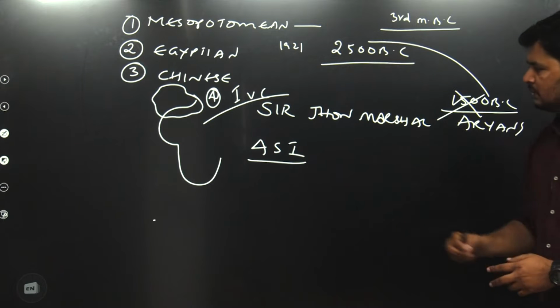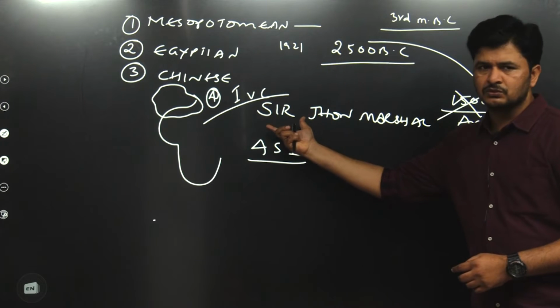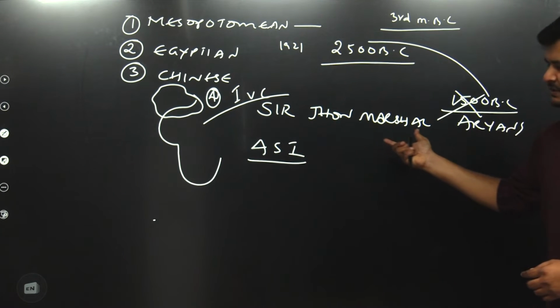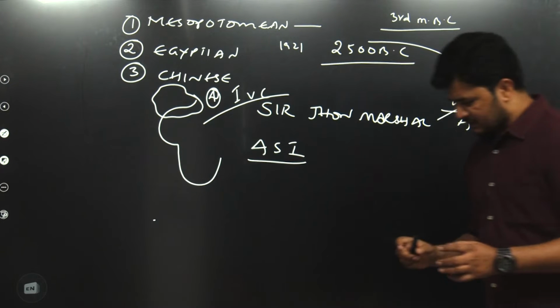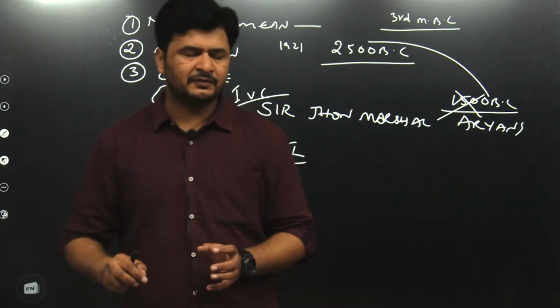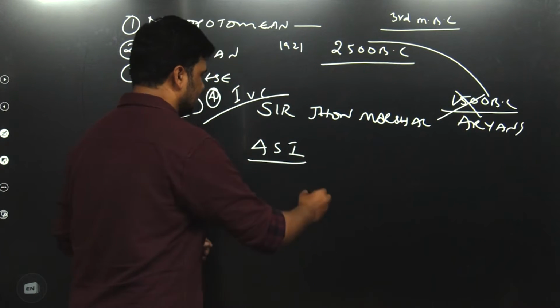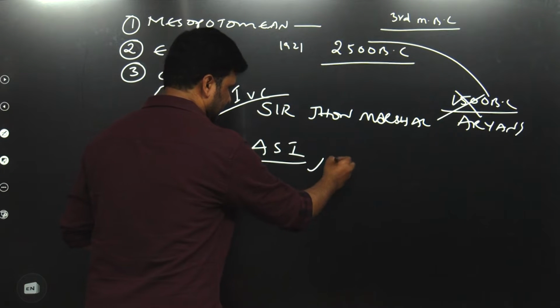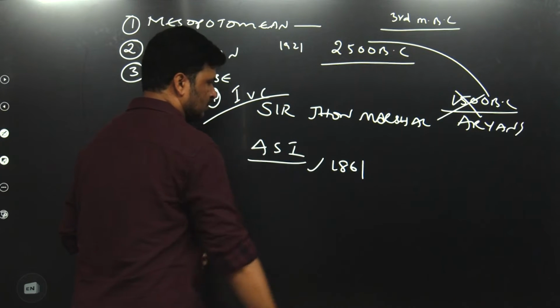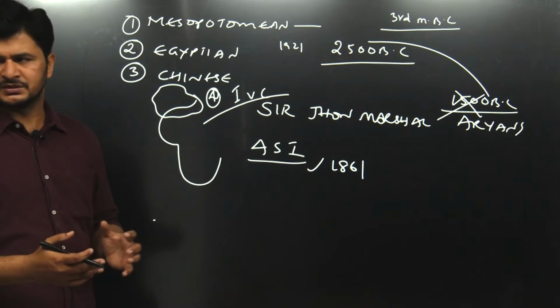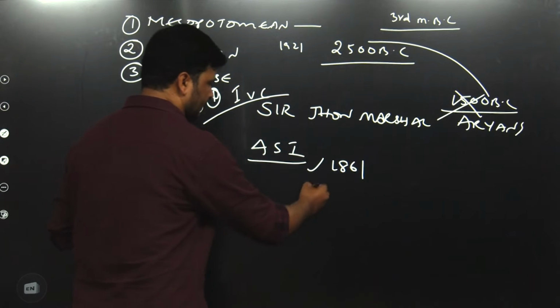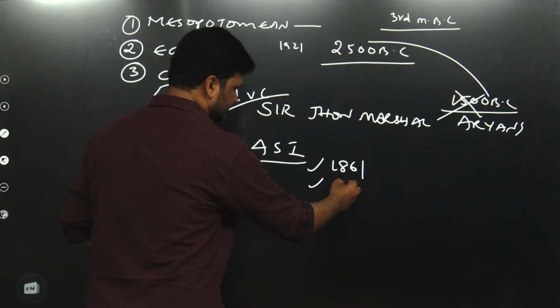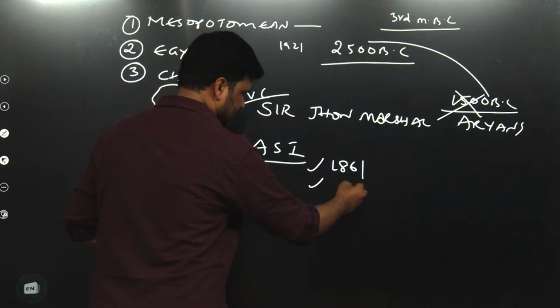Obviously, the credit goes to the Archaeological Survey of India, its director Sir John Marshall. When we understand the brief history of the Archaeological Survey of India, it was established in the year 1861. One of the frequent questions, right? Archaeological Survey of India was established in 1861 under the guidance of, can anyone? Fantastic.